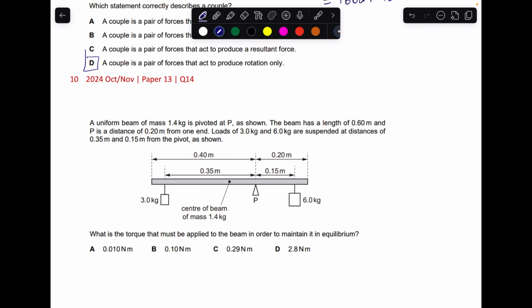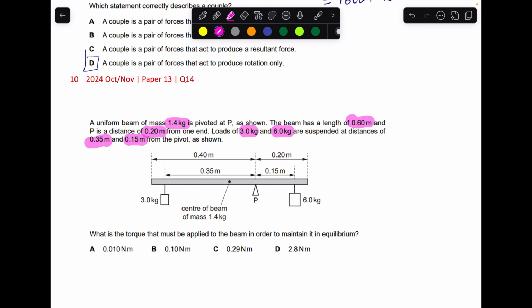Okay, in question 10, a uniform beam of mass 1.4 kg is pivoted at point P. The beam has a length of 0.6 meter and P is a distance of 0.20 meter from one end. Loads of 3 kg and 6 kg are suspended at distances of 0.3 and 0.15 meter from the pivot. What is the torque that must be applied to the beam in order to maintain it in equilibrium?